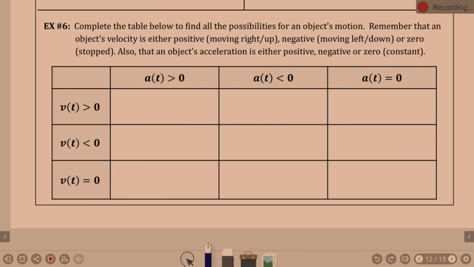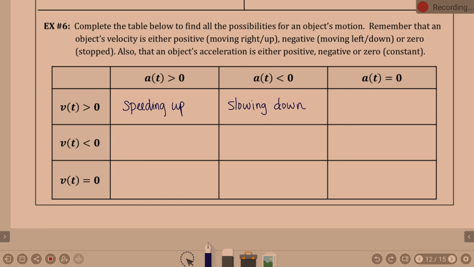If your velocity is positive and your acceleration is positive, what is that particle doing? It is speeding up, because same signs, right? Okay. What about if my velocity is still positive but acceleration is negative? Slowing down because the signs are opposite. Are you with me?